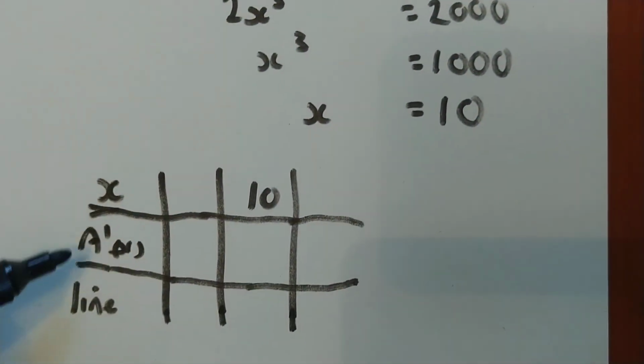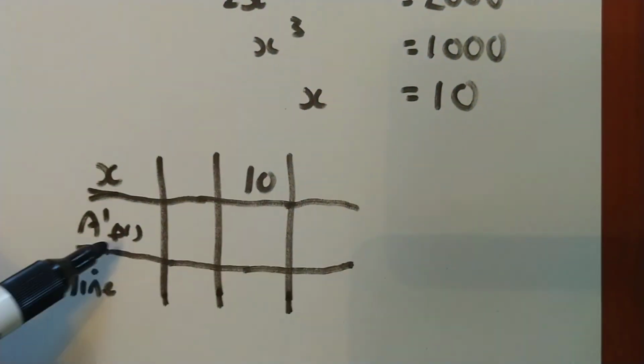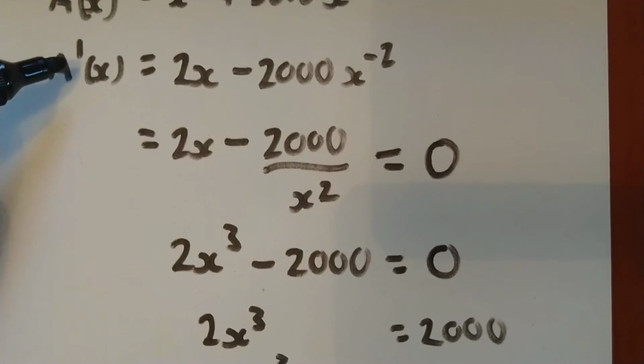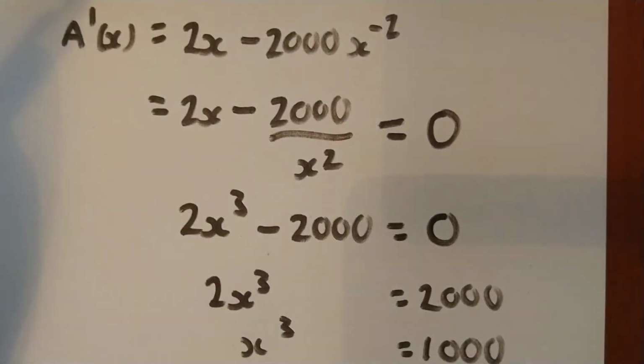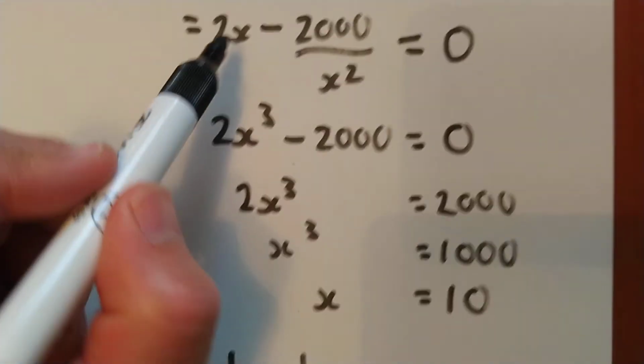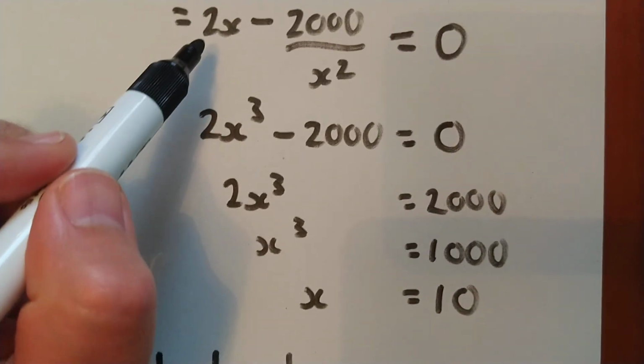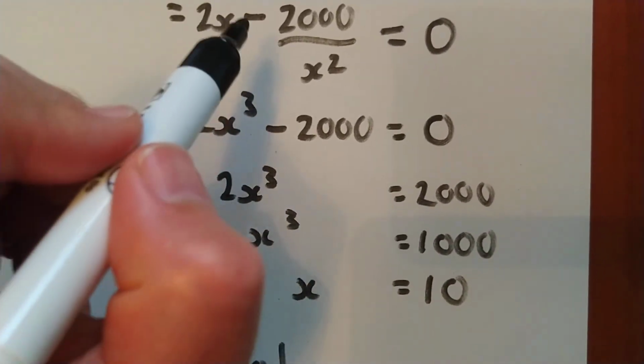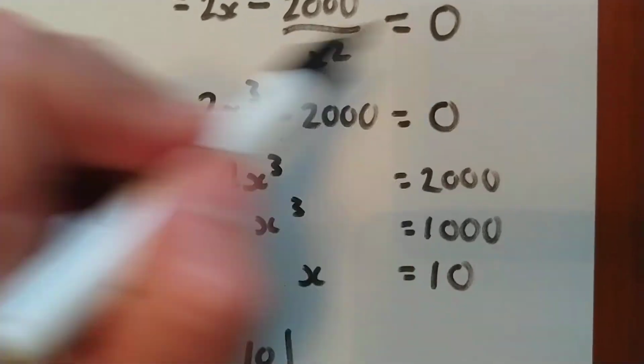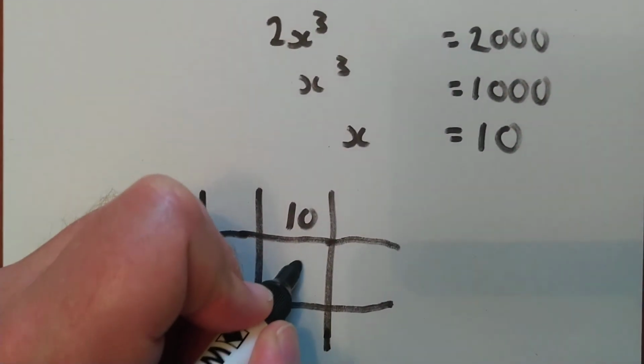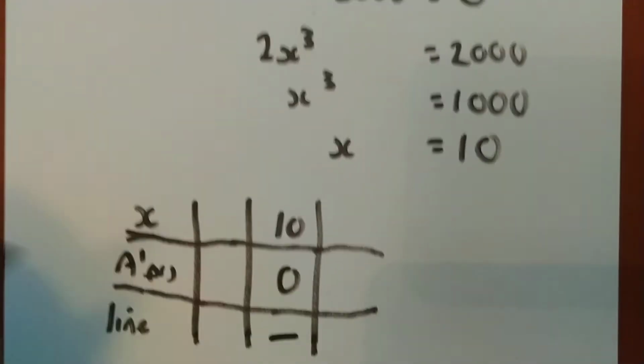Anyway, A dash x, gradient when x is 10, checking in my derivative formula up here. Okay, the easiest one is here, right? And if I try that, 2 times 10 is 20, take away 2000 over, and so on. Does it get 0? Yes, I do. Horizontal line.